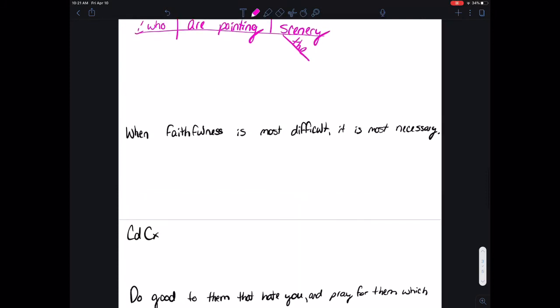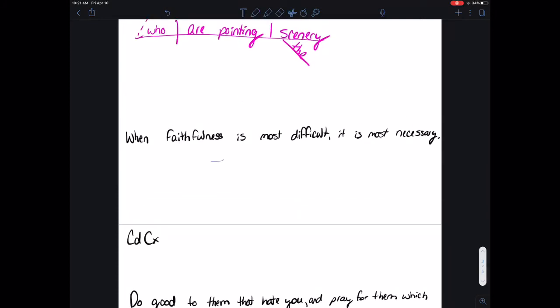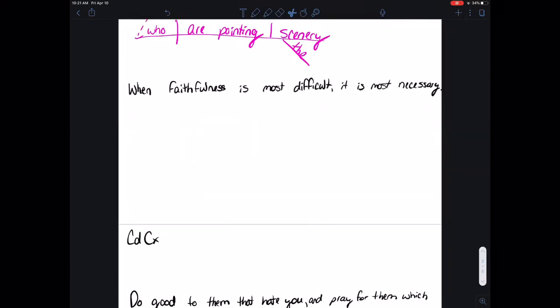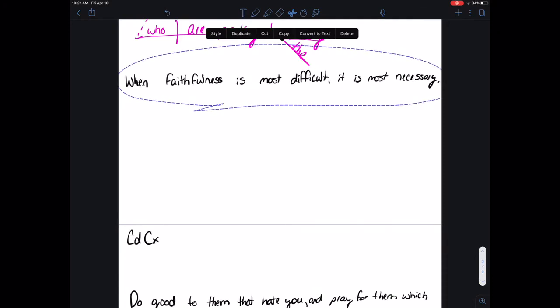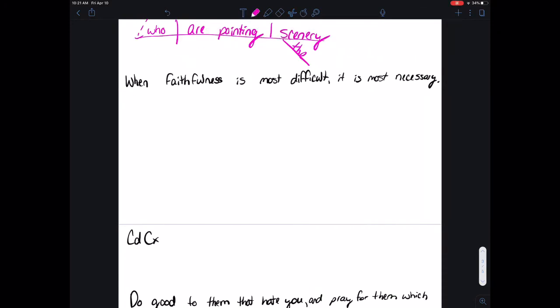All right, looking at our next one, which I still didn't leave myself a lot of room to work with. Try scooting it back up now that we've got that other one done. All right, when faithfulness is most difficult, it is most necessary. So I already know right off the bat, this is my clause. When is an introductory word. Okay, faithfulness is my subject. Is my verb. Difficult is a predicate adjective.